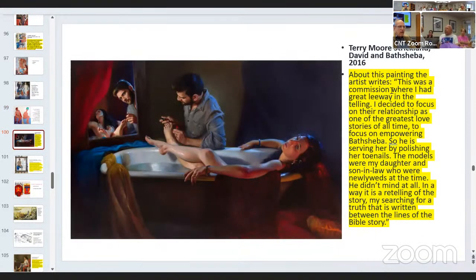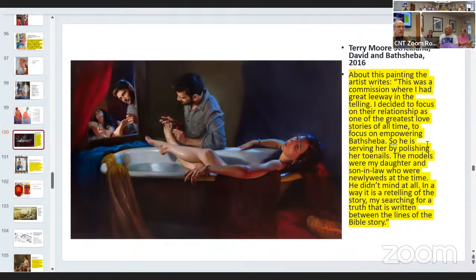Here's one very interesting modern one I found. Terry Moore Strickland writes about this painting: "This was a commission where I had great leeway in the telling. I decided to focus on their relationship as one of the greatest love stories of all time, to focus on empowering Bathsheba."